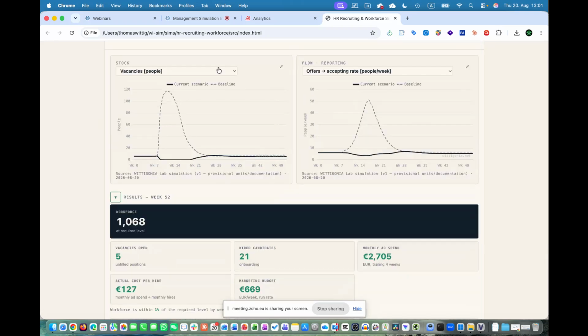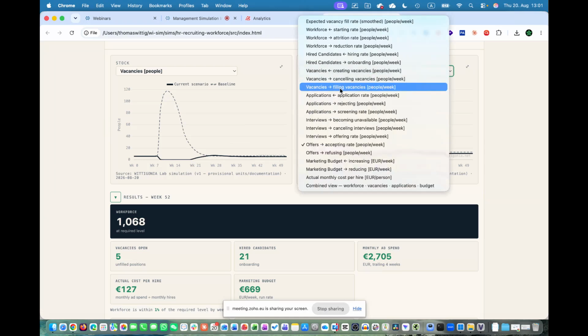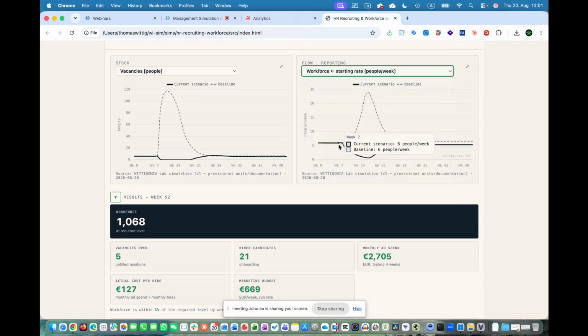Here we suddenly need to cut down our vacancies because we have too many people, and then we either need to reduce the workforce or rely on attrition to drain the actual workforce. We can also see how the workforce starting rate behaves, because when we stop the recruiting, the start rate goes down.